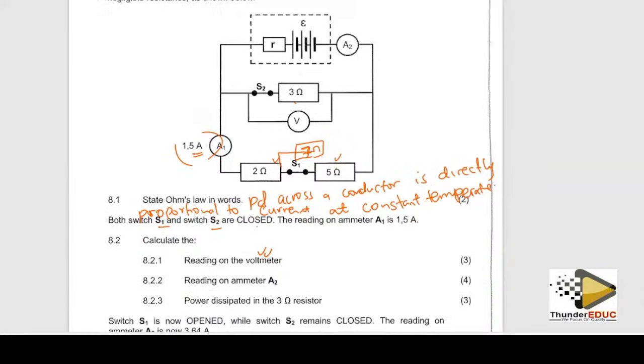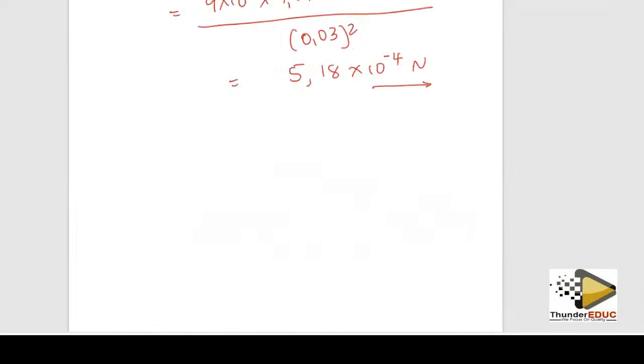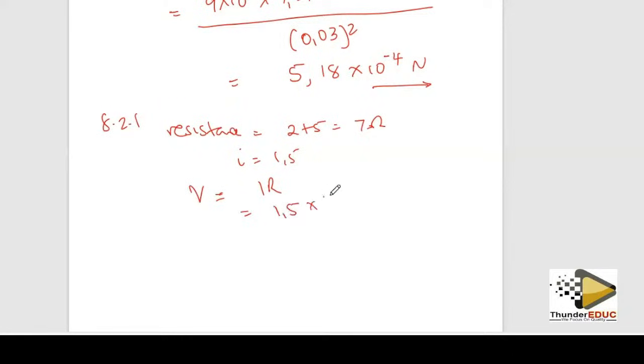So I can say that for 8.2.1, the resistance at the bottom is gonna be 2 plus 5, which we are getting as 7 ohms. And then the current is 1.5. We can get the voltage. V is equal to IR, and that is gonna be 1.5 times 7.